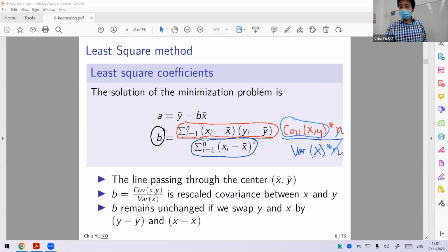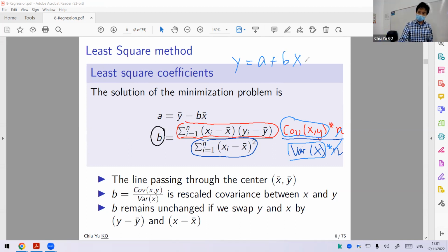And the reason why you see the variance in the denominator is that the formula is like this, right? It's a plus b times x, right?